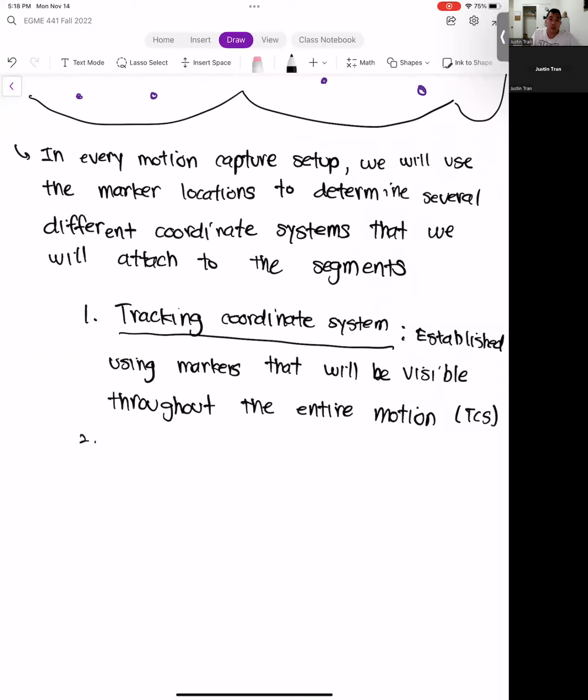Next we have the anatomical coordinate system. The idea is that the coordinate axes and the origin are placed on the underlying bones within the body segment.